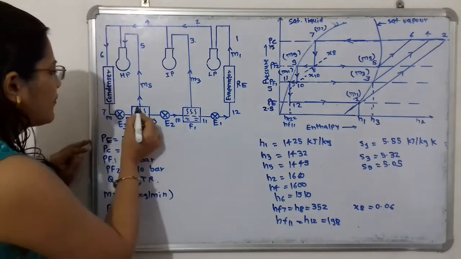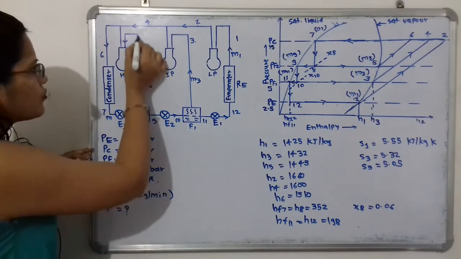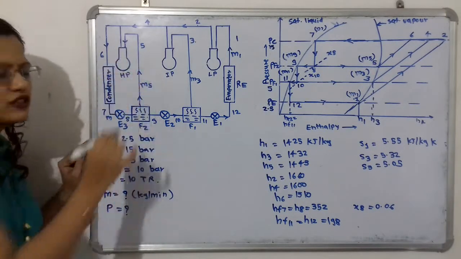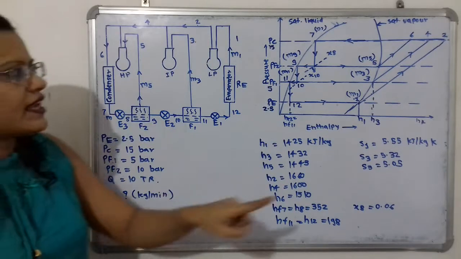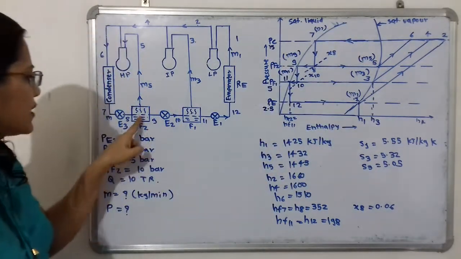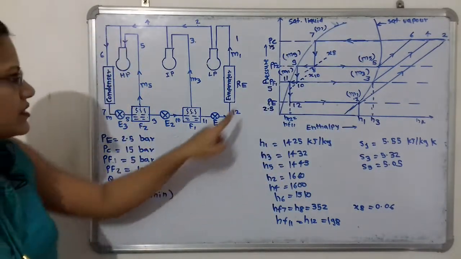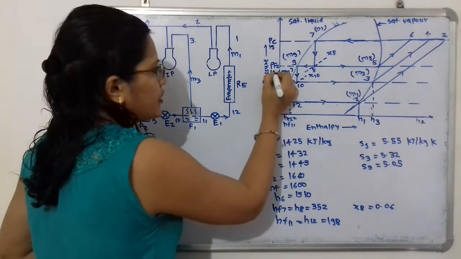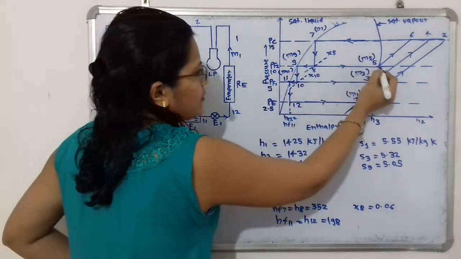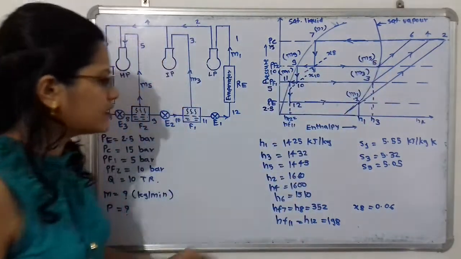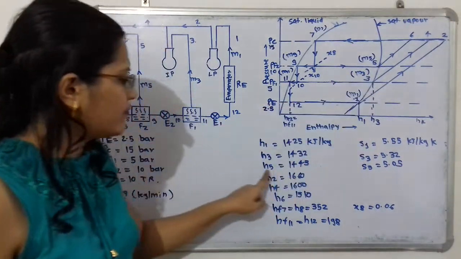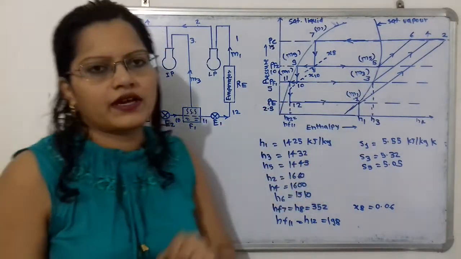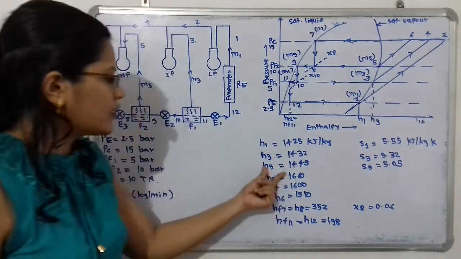Here only vapors are passing through this point 5 for the high pressure compression. So we have to select the saturated vapor line and pressure equal to F2, that is 10 bar. So PF2 is equal to 10 bar, and here we will select the point 5. What is the enthalpy at this point 5? That is 1445 kilojoule per kilogram.